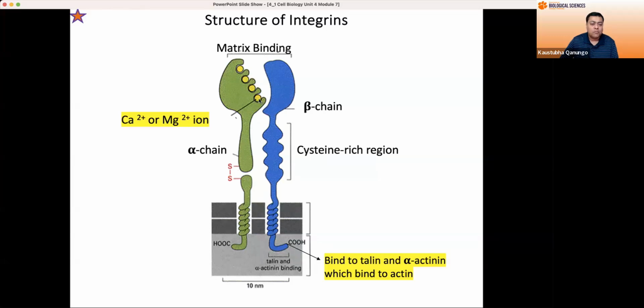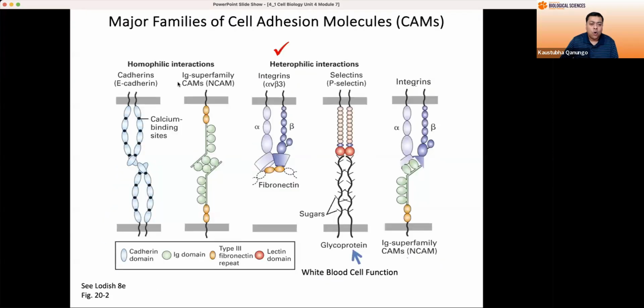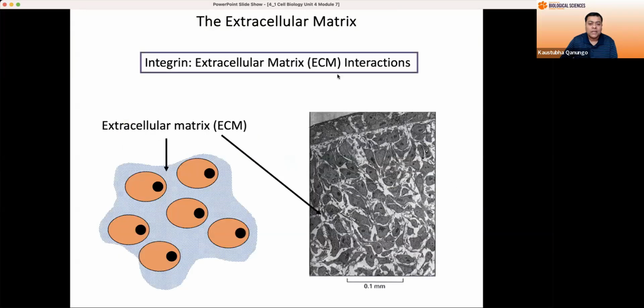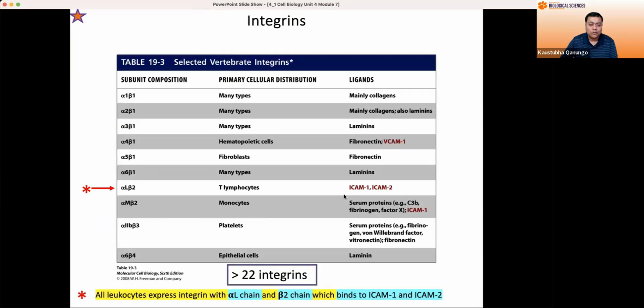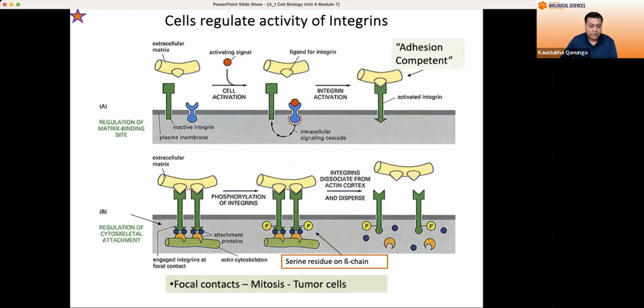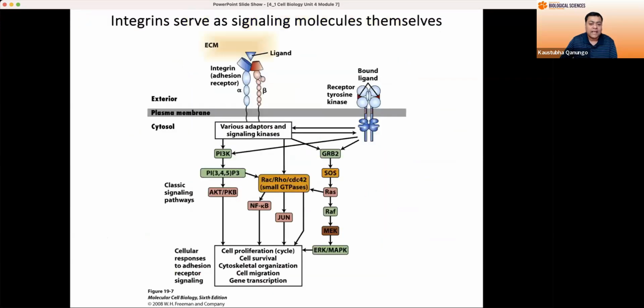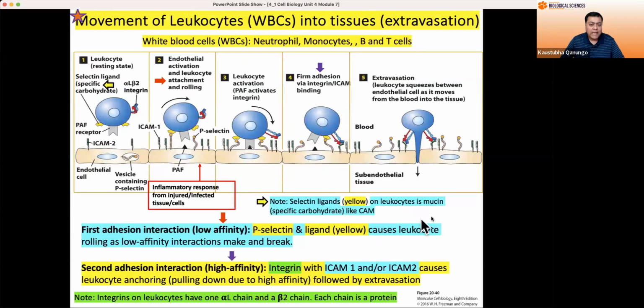It will not be able to bind to the surface of those Petri plates, and they will come off. Even the E-cadherins are also calcium binding. So when you take the calcium out, the CAMs or the cellular adhesion molecules will lose their functions, and that helps them to basically come loose. And then in cancer biology, we'll see that that's essentially one of the reasons that the cells actually can metastasize in other tissues. So that will do it.